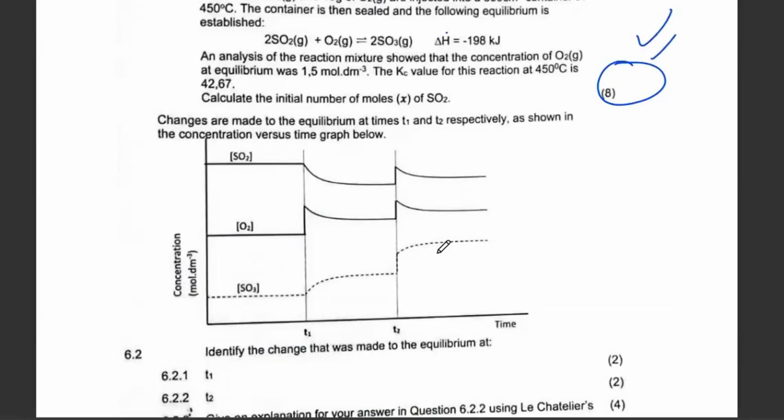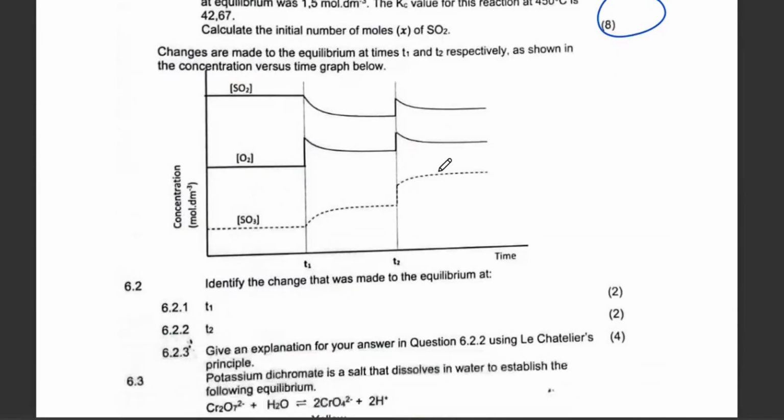Then we go to the question which requires you to interpret and identify the change made in equilibrium at T1 and T2 respectively. They're saying to identify the change that was made at temperature 1. When you come here, we see that only one increased and this one decreased. It means that you added concentration: the concentration of oxygen was increased.